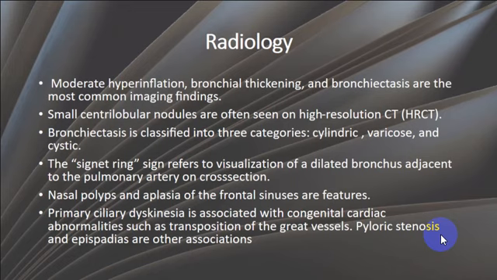As we said, the bronchiectasis is predominantly in the lower lobes, and we also have small centrilobular nodules seen on the high resolution CT scan, and the bronchiectasis can be cylindrical or varicose or cystic, sometimes giving the signet ring appearance, as we see in our example.